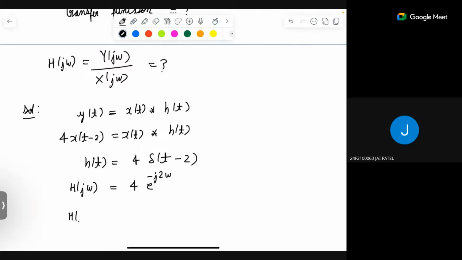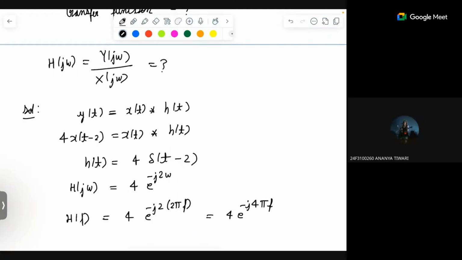And if we want to write it in terms of linear frequency and not the angular frequency, then I will have H of f equal to 4 e to the power of minus j 2 2 pi f, which is 4 times e raised to the power of minus j 4 pi f. Is this clear? Yes, ma'am. Sonali, Rohit, Rudra, Jay, clear?